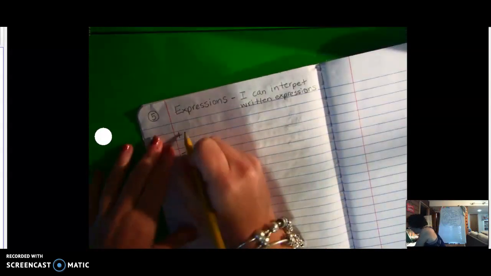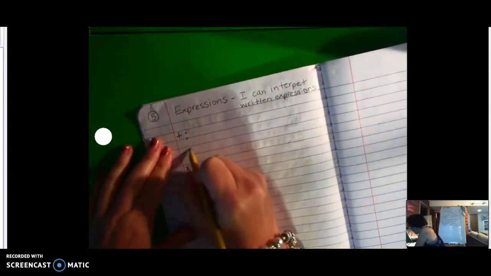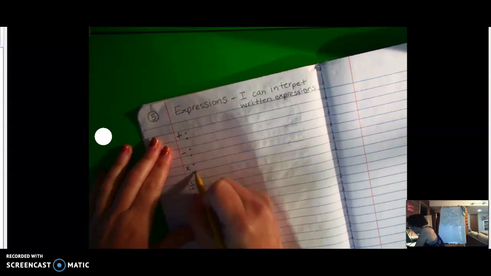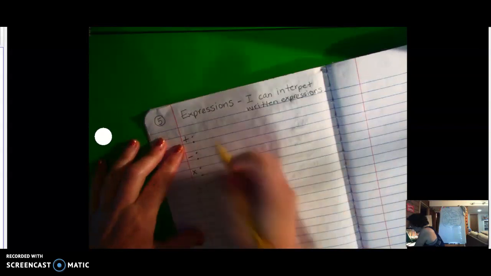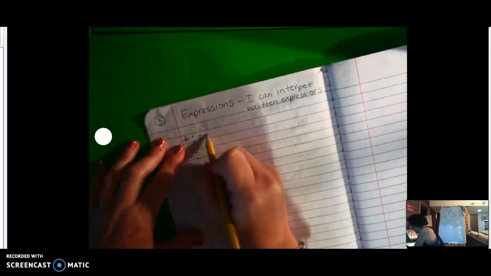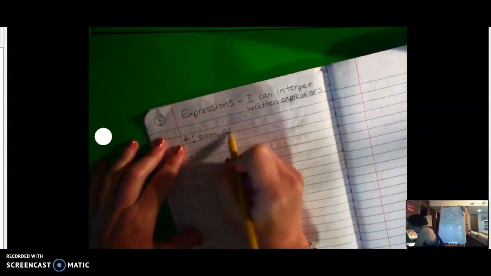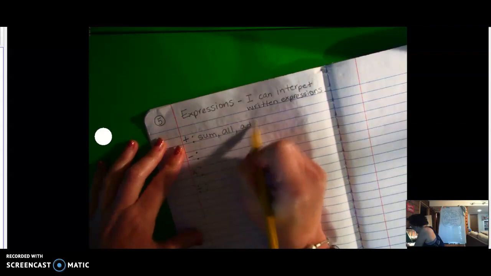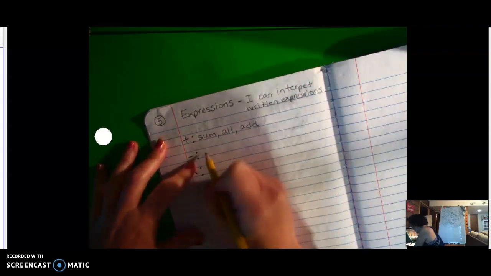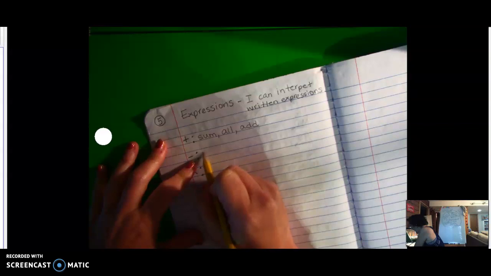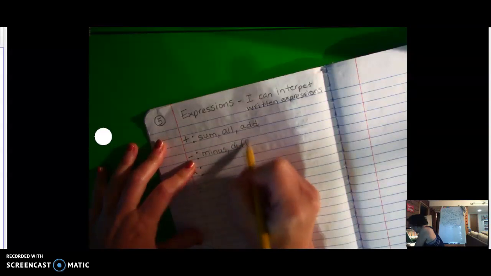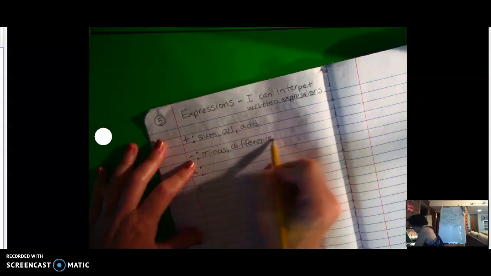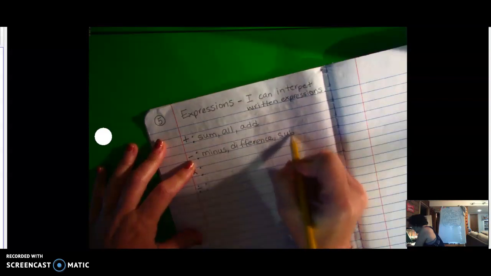So we are going to talk about the different words that we can use for adding, subtracting, multiplying, and dividing. For adding, we can use words like sum, or all, or add. For subtraction, we could say minus, or difference, or subtract.